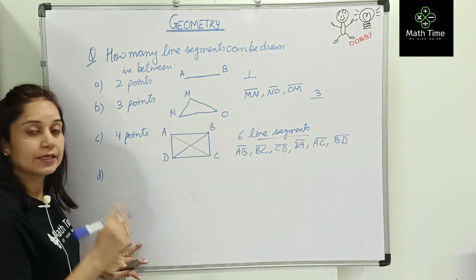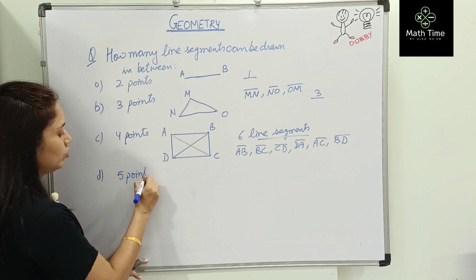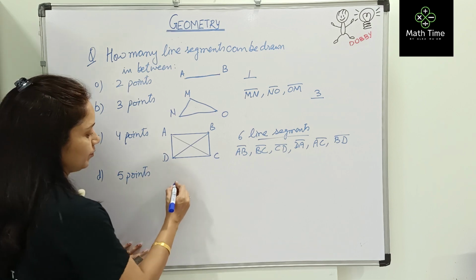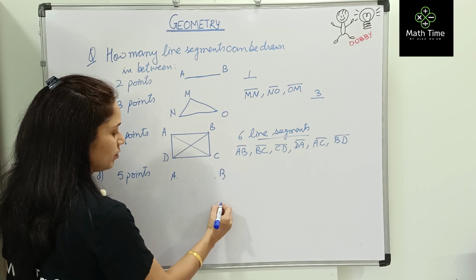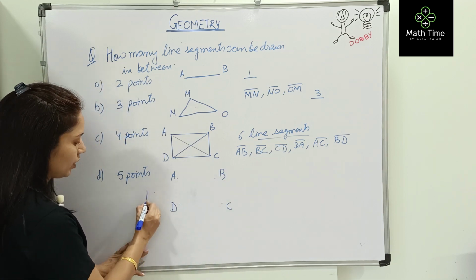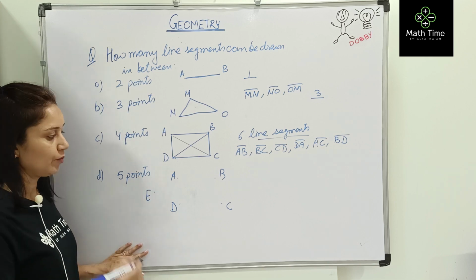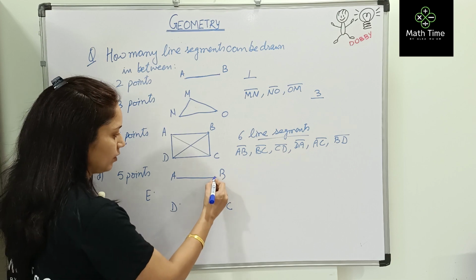D part, let us take 5 points. Children, you also do with me. Draw 5 points. This is A, B, C, D, and here I am taking one more, E. So these are 5 points. Join them. AB, one line segment.